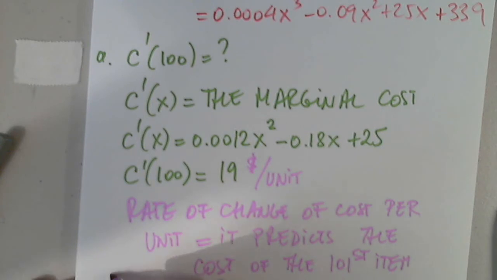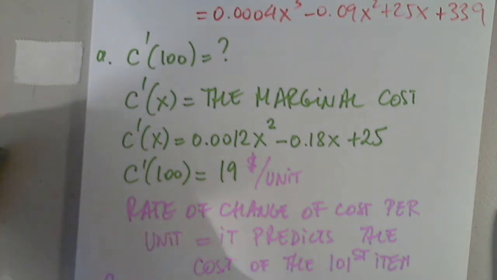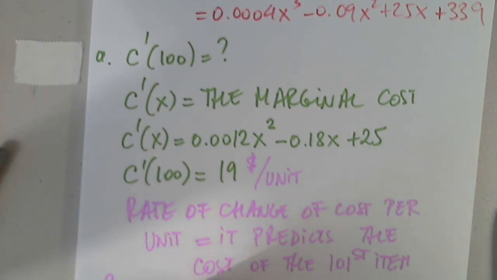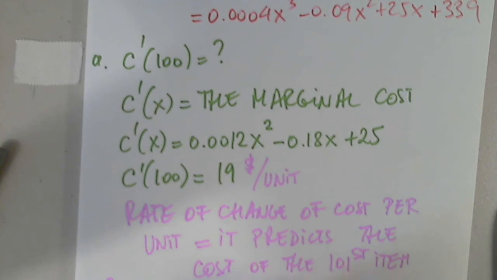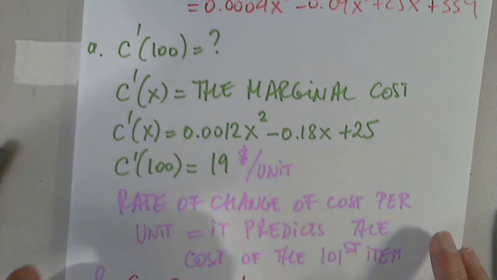Okay, part B. This is why I needed all that theory from 3.10 so we can understand what happens here. They are asking us to compare C prime of 100 with the actual cost, with the actual exact cost of producing the 101st item.